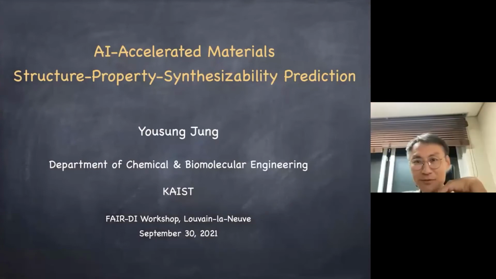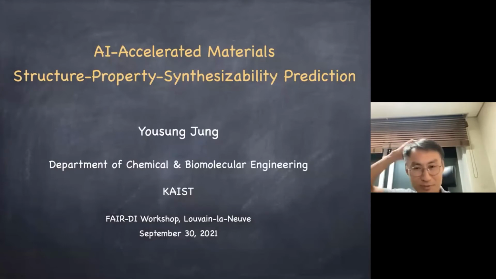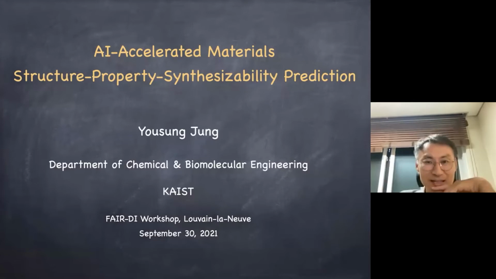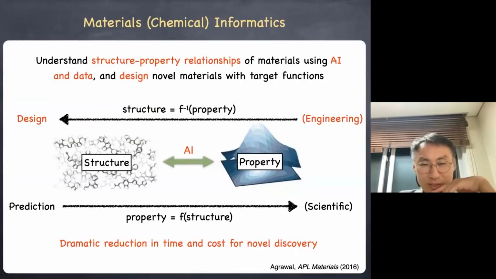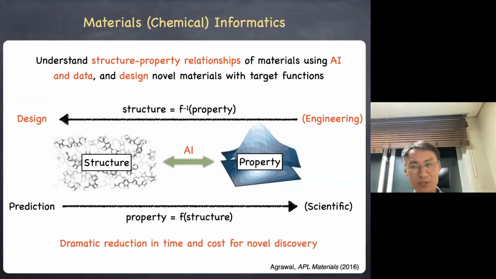Yeah. Great. So it's a great pleasure for me to be part of this FAIR-DI workshop, and as we all know, in materials informatics, basically, what we want to do is to understand the structure-property relationships of the materials based on the data, and then we really want to predict the property of the materials given the structure, and that's the forward prediction.